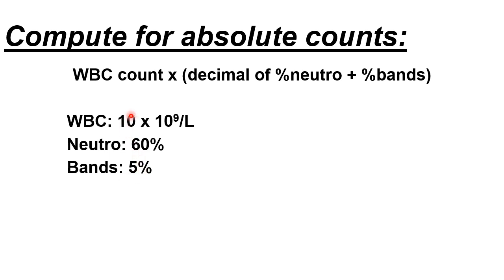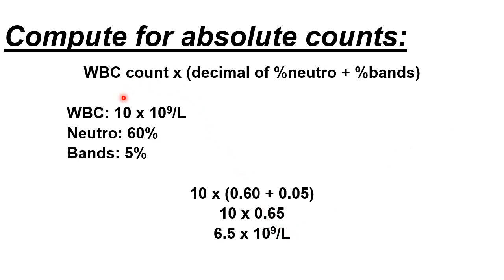Kukunin mo muna yung mga absolute numbers, no? And then, for neutrophil and band cells, dapat naka-decimal format siya. So, yan yung ating characteristic number 10 multiply by ano ang decimal part nitong 60%? 0.6 plus 5%, 0.05.